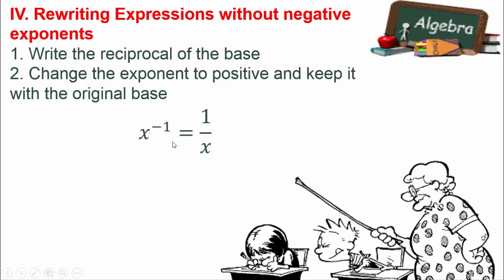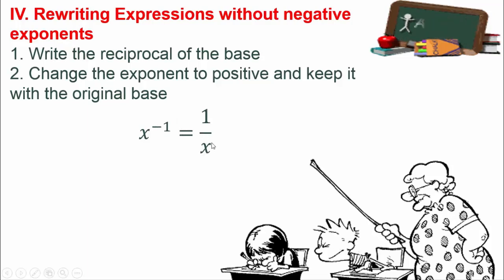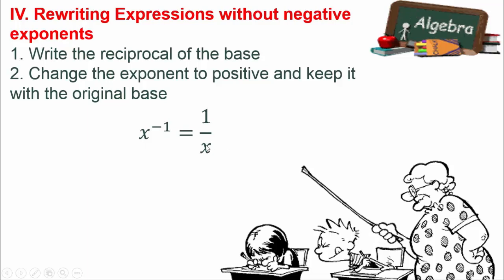If you have a negative exponent, essentially it's 1 over the base to the positive power. And in this case, the power here, -1, its positive power would be 1, so it's 1 over x to the first power, or 1 over x.